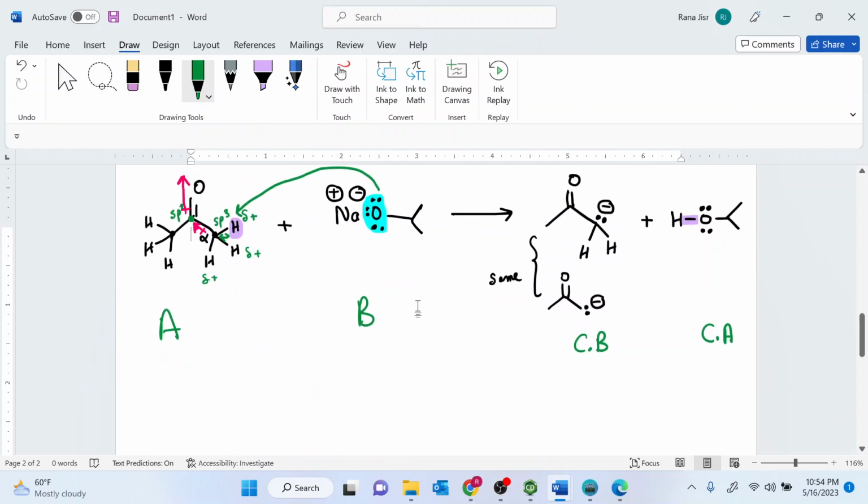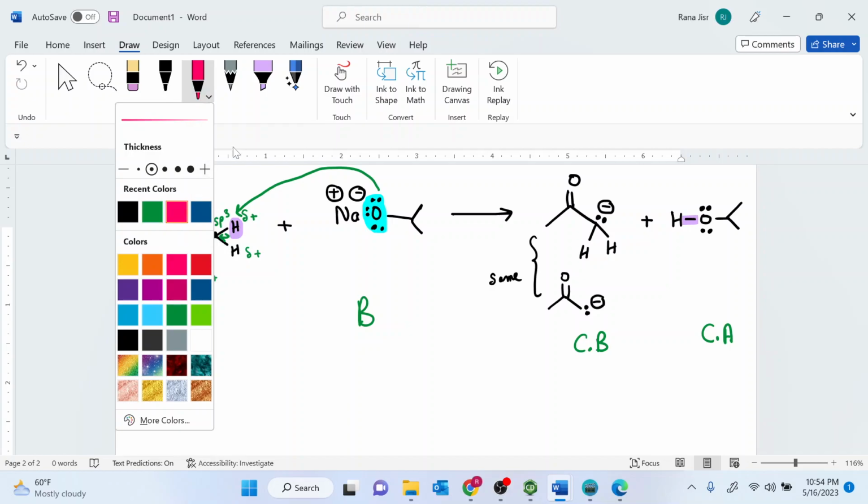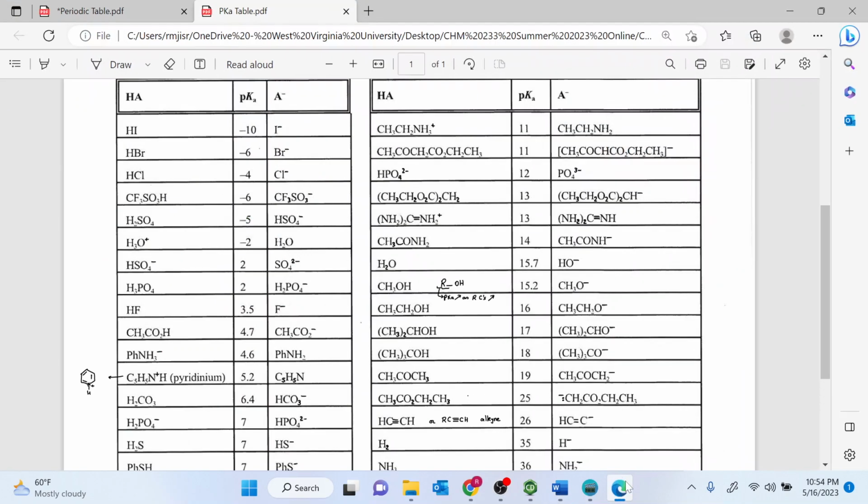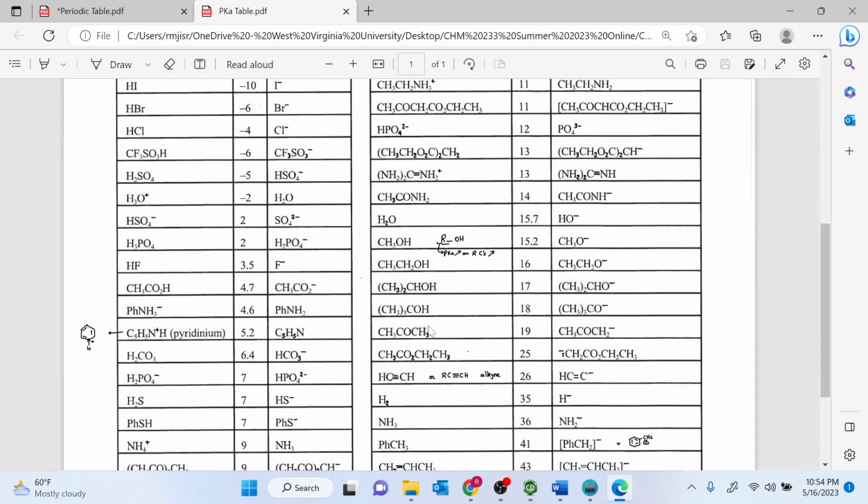For the direction of equilibrium, all you need to do is go ahead and read the pKa from the table. From the pKa table, this is listed as, let's go ahead and see. This is listed as a CH3. Okay, here you go.